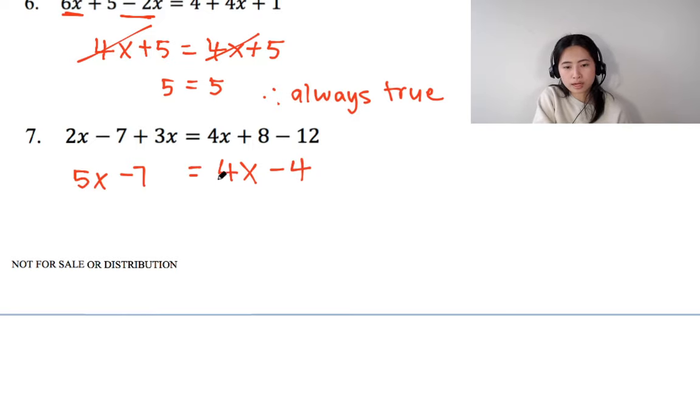So 5x minus 4x is equal to x, and then you're going to have to move the negative 7 to the opposite side of the equation, so you get 7 minus 4, which is 3, right?